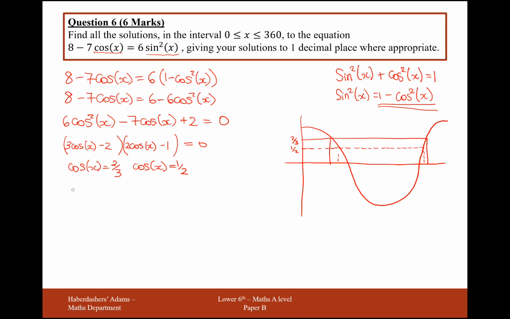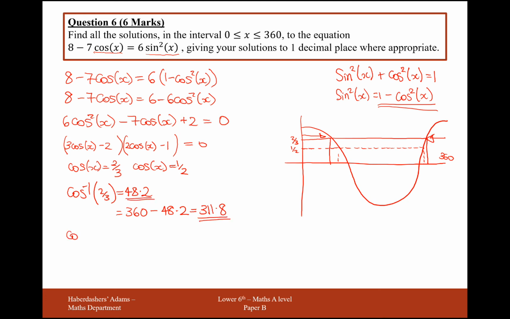Right, okay, so what we need to do first is find cos minus 1 of 2/3, which is equal to 48.2. The other solution for this is going to be 360 take away the 48.2, which is going to give us 311.8.